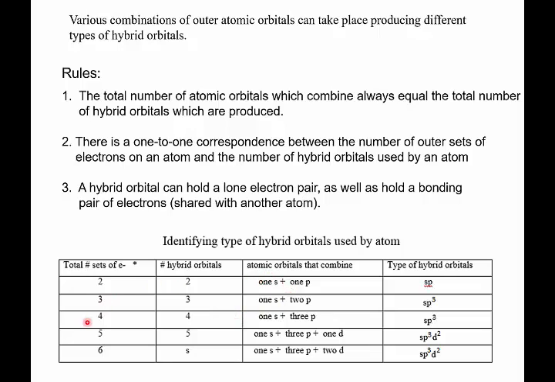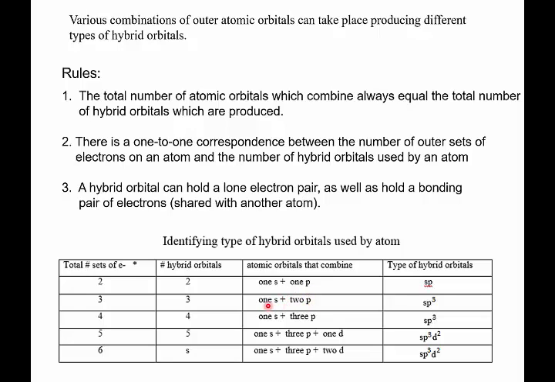If the total number of sets of electrons is 3, the number of hybrid orbitals is 3. What would be the atomic orbitals that the element would combine to make those hybrid orbitals? Well, it always starts with 1s. It's got to get a total of 3. We ask, well, how many p orbitals are going to be required to make a total of 3? Obviously 2.